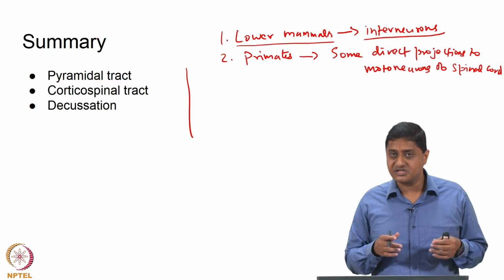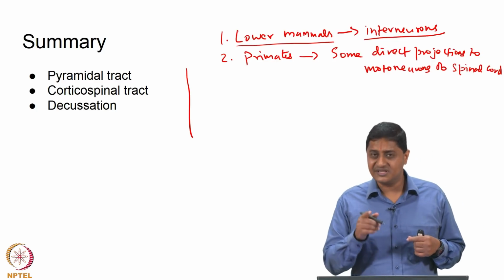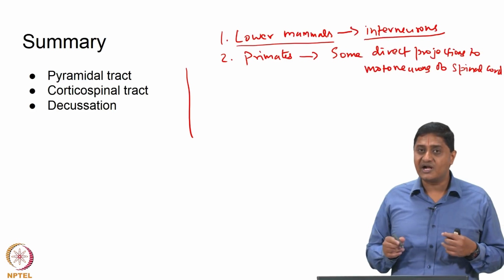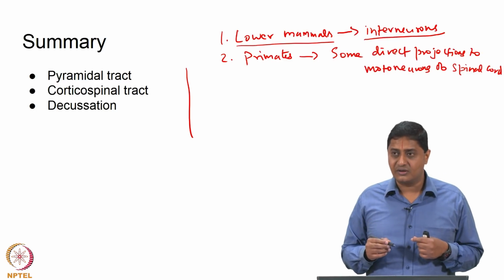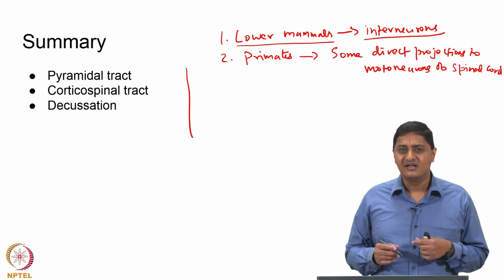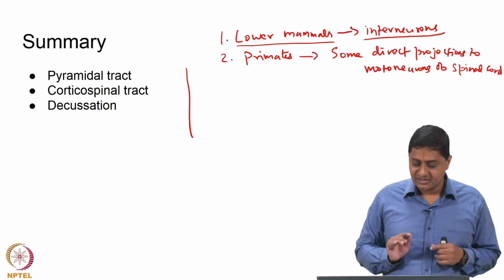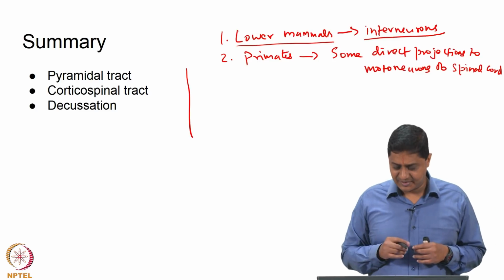What is the antagonist of biceps? Triceps. Actually, in the case of biceps and triceps, we would not expect direct corticospinal projections, because these are relatively proximal muscles, but still this is just an example.